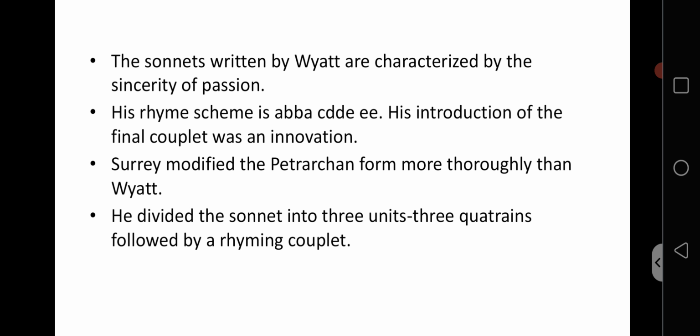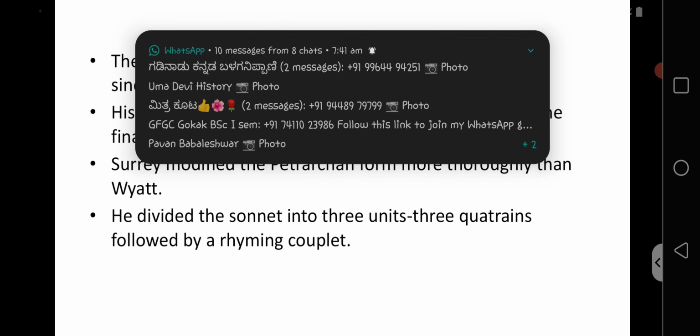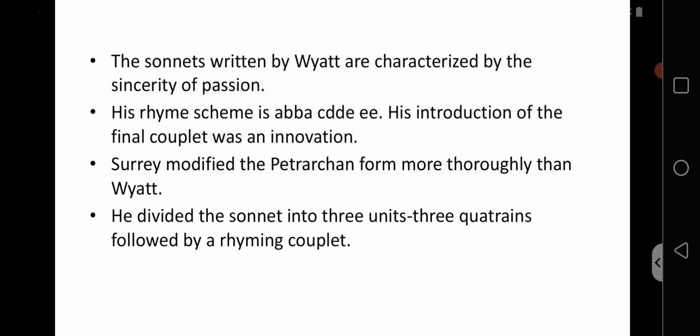So if you look at the sonnets written by Sir Thomas Wyatt, his sonnets have the rhyme scheme A, B, B, A, C, D, D, E, E, E. His introduction of the final couplet was an innovation. He has made some changes in Petrarchan sonnets. He has introduced the last couplet. Couplet means a pair of lines.